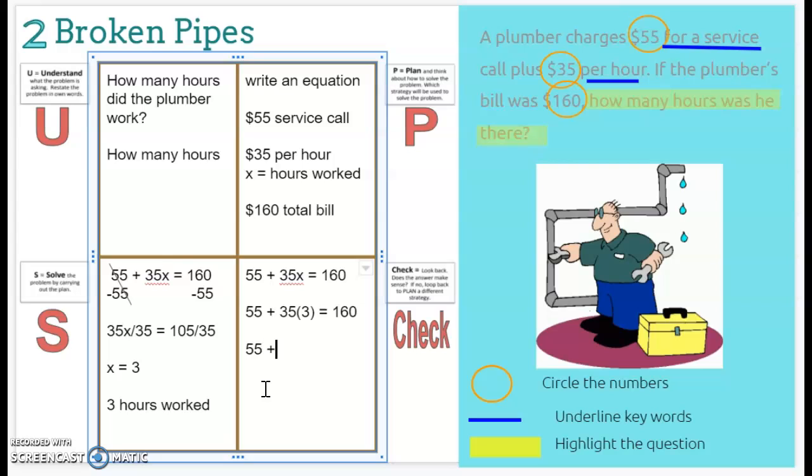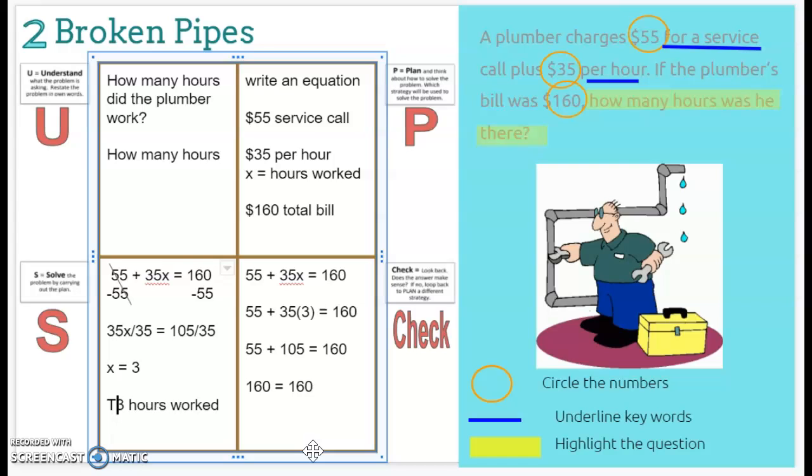So I have 55 plus 105 equals 160. And then I'm going to add those together. 55 plus 105 equals 160 equals, and I just bring down the other side 160. So that's true.